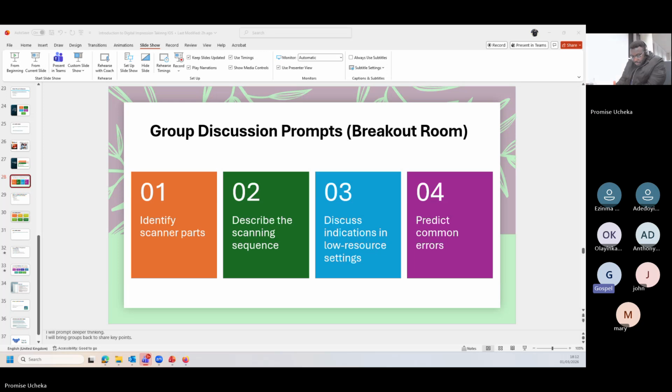When you talk about indications in a low resource field, I want to get the question clearly so that we'll be sure what we're saying. Do you mean that in a low income setting, what are the indications for a need for just an intraoral scanner? Yes, that's what we mean.